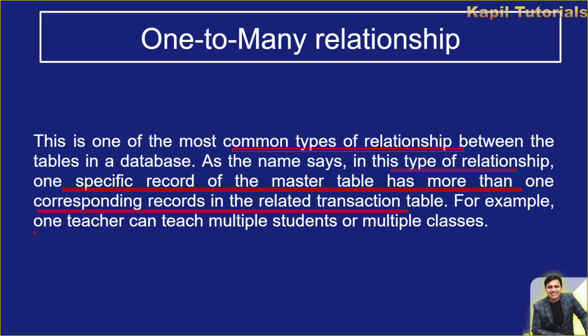For example, one teacher can teach multiple students. If I'm giving the example of a school, one teacher can teach multiple classes. Doesn't mean that the same teacher can't be repeated in the transaction. You will be clear with the practical example shown in the next slide.